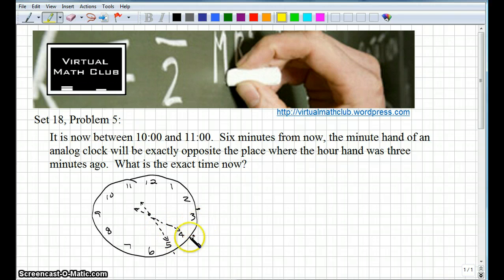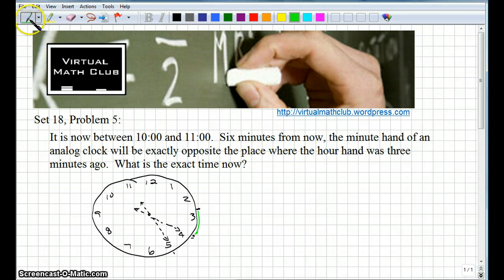So right now it's got to be 6 minutes back from that. Let me draw something. Okay, so we know it's got to be somewhere between here and here. That's where we're at now, somewhere in there. So we've got to narrow down, because that's what we're looking for. We actually want to know what time it is right now.